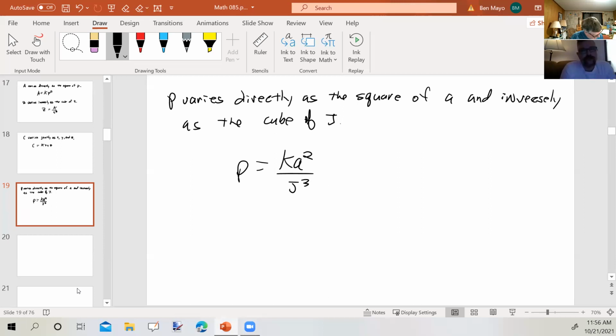Let's see here. Now we're going to go the other direction. We're going to have a formula and then we'll write it in words.